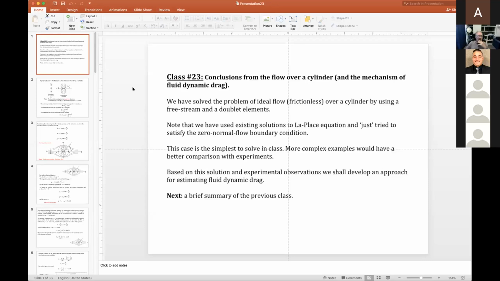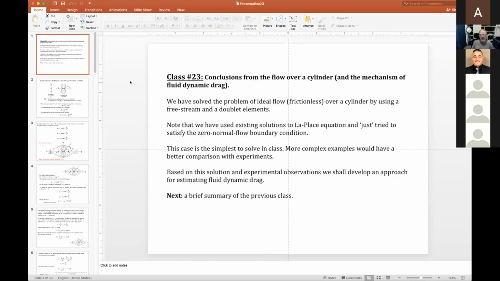So we actually did the flow over a cylinder, and hopefully we're going to end up with some understanding of the drag in fluid mechanics. That's where we're going. We did solve the problem with frictionless flow, and there was also a nice example of how you can take existing solutions and combine them in order to fulfill the boundary condition.